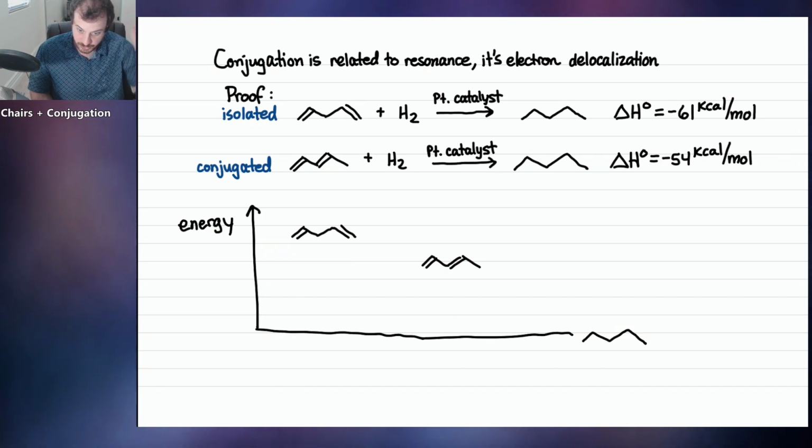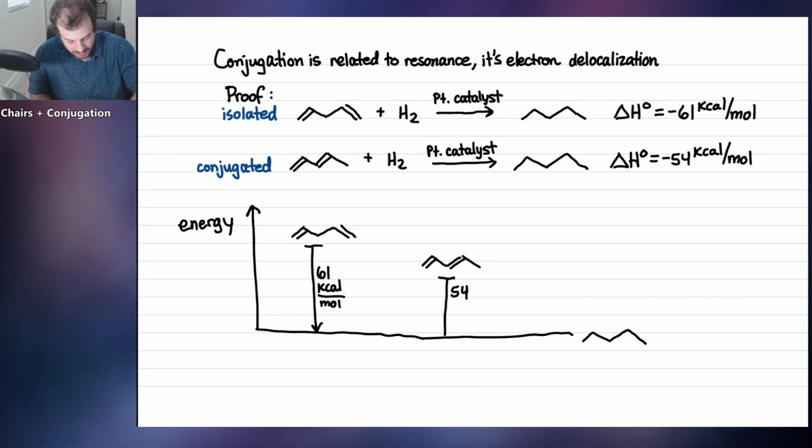And so when we do the hydrogenation reaction, the first compound, the isolated diene, isolated compound with 2 alkenes, which is sometimes called a diene, loses 61 kcals per mole. Whereas the second conjugated diene loses 54 kcals.